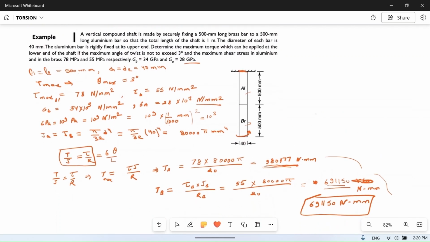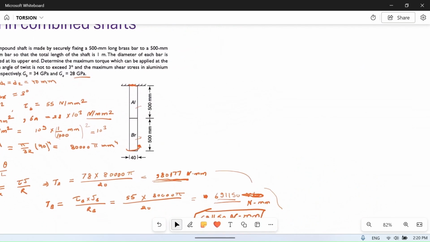to exceed 3 degrees. So these bars are in series, so theta is equal to theta 1 plus theta 2. Angle of twist will be added because these two are in series, or theta aluminium plus theta brass.